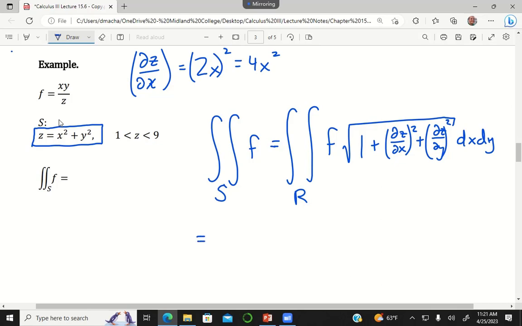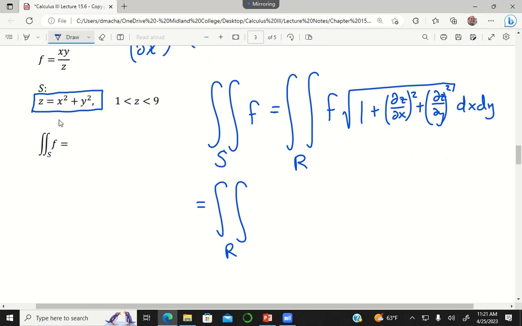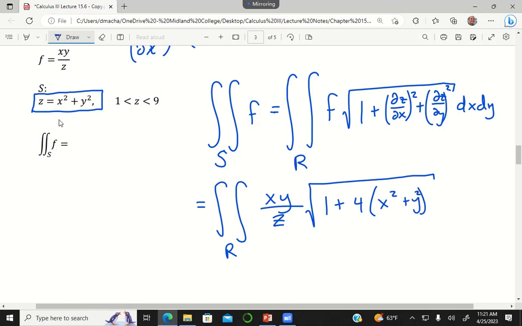So this double integral becomes the double integral over some region in the plane of x y over z times the square root of 1 plus 4 times x squared plus y squared dx dy.